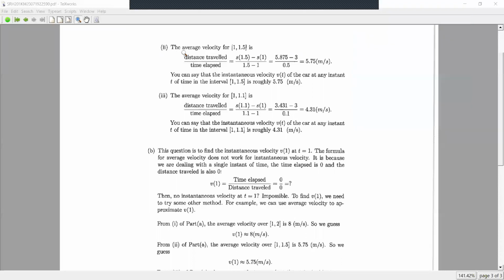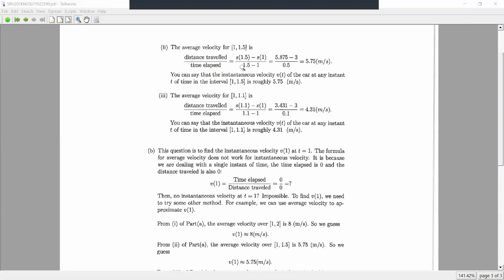Similarly, the average velocity for the time interval from 1 to 1.5 is distance traveled in the time interval over the time elapsed in the time interval.